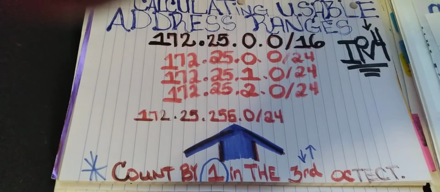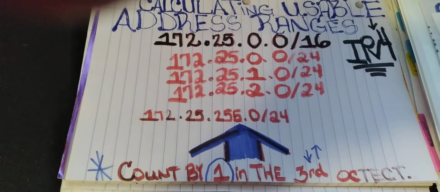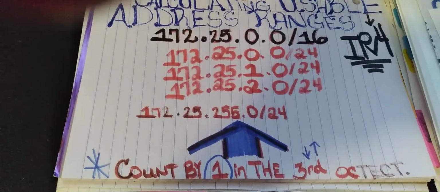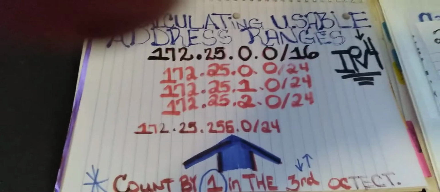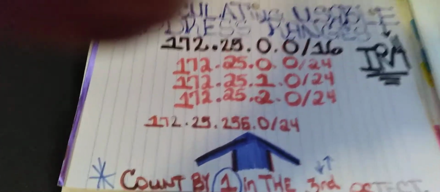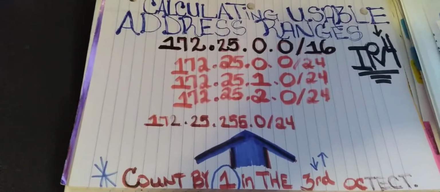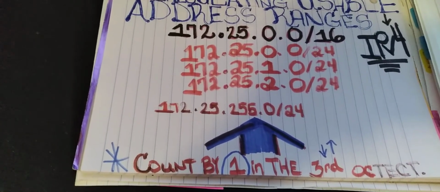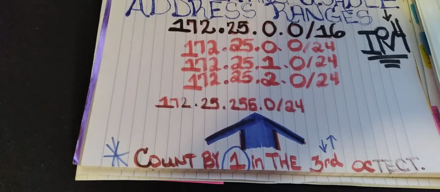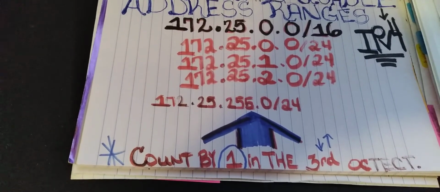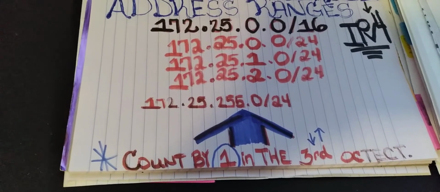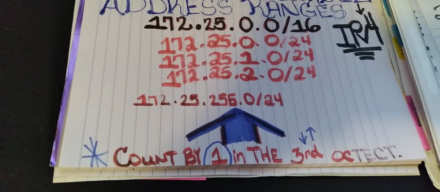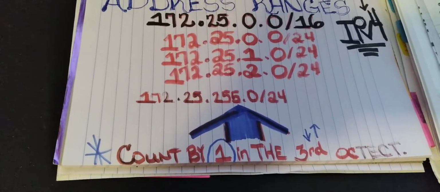The first network is 172.25.0.0, and the next one is 172.25.1.0, then 172.25.2.0, and the next one is going to continue this way all the way through 255.0.